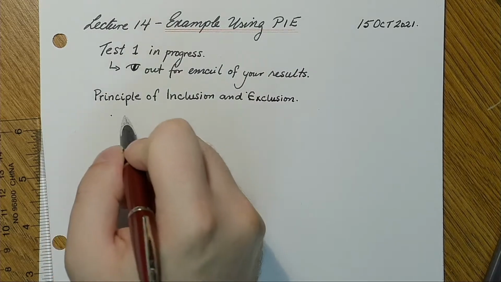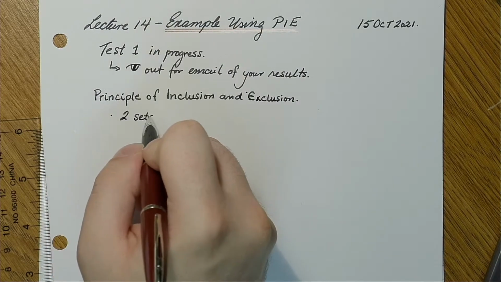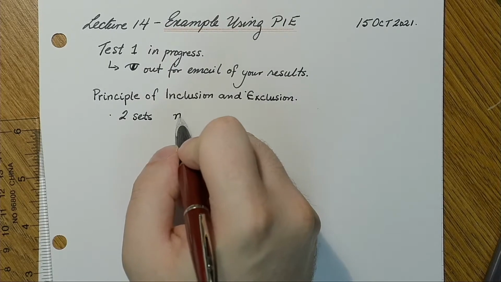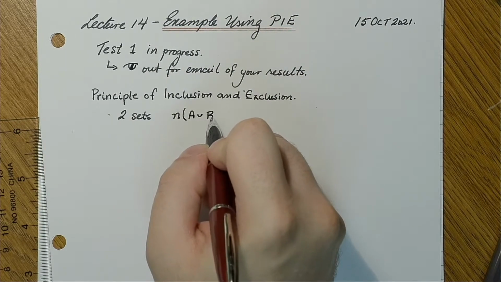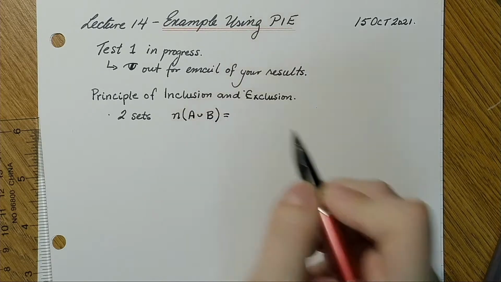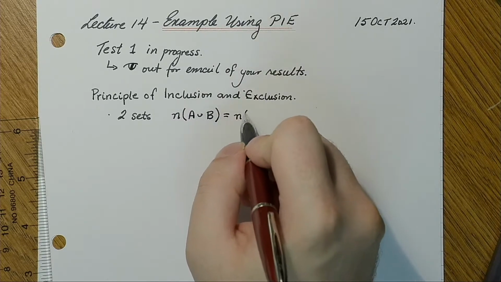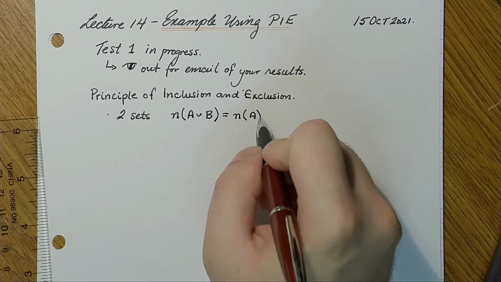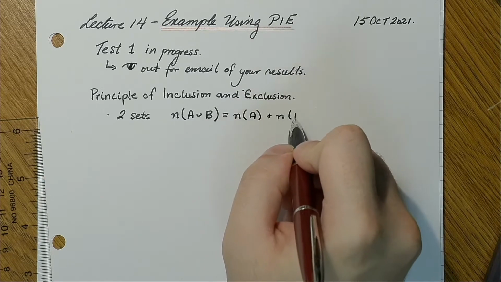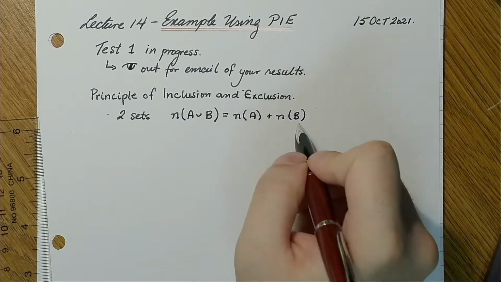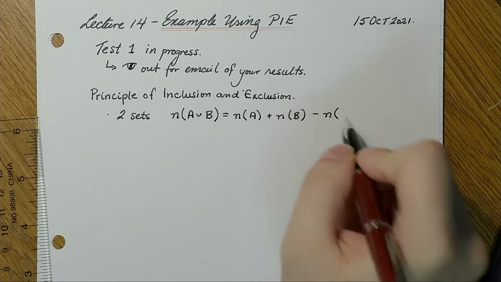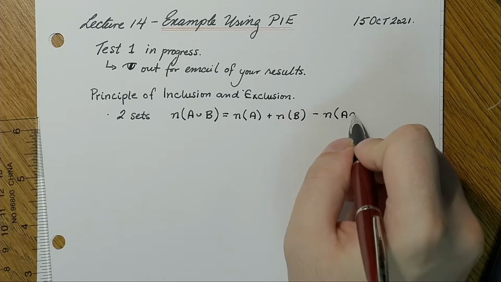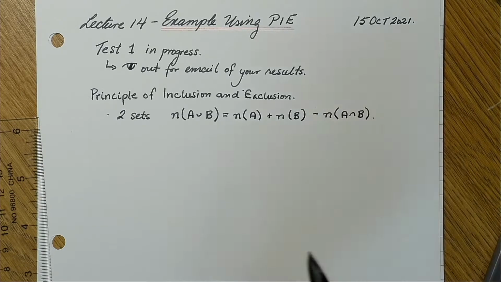So we had this for two sets, where the number of elements in the union of, say, two sets A and B is equal to the number in each individual set, A and B. But because there's the overlap, we overcount, and we have to remove that overcounting by removing the number of elements that are in that intersection.